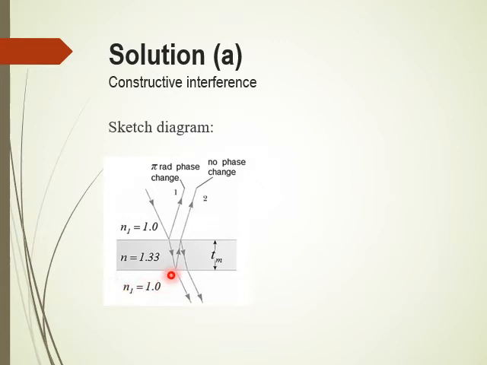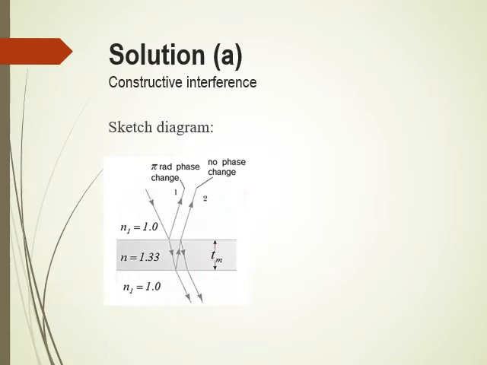So now you have two light waves, one undergoing pi radian phase change and one without. In this case, we have antiphase sources.